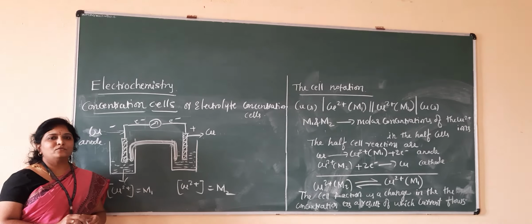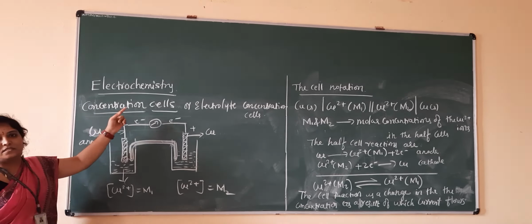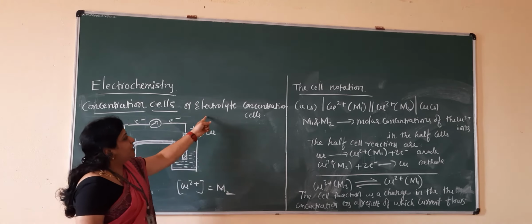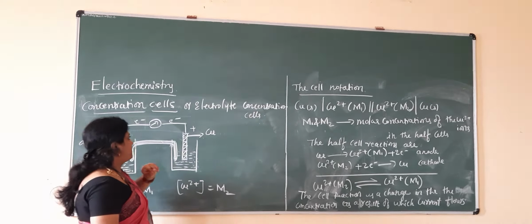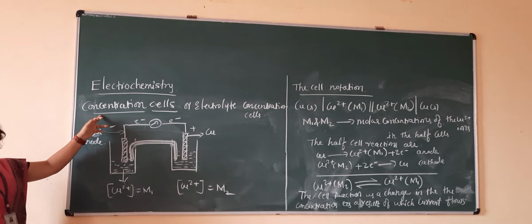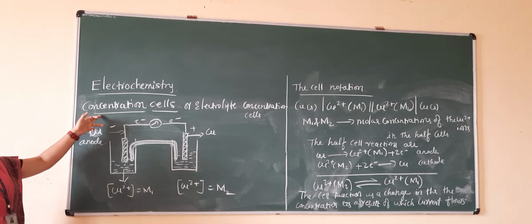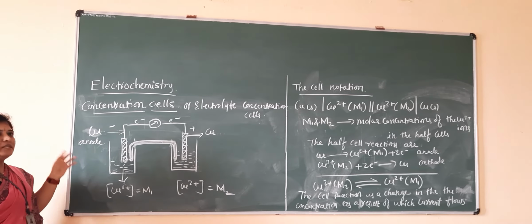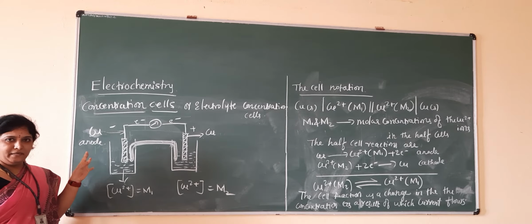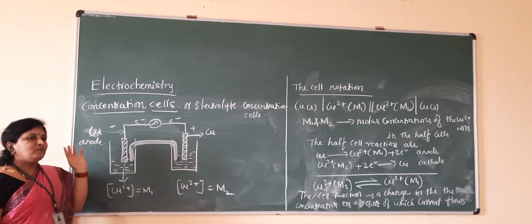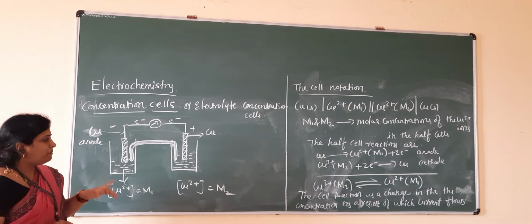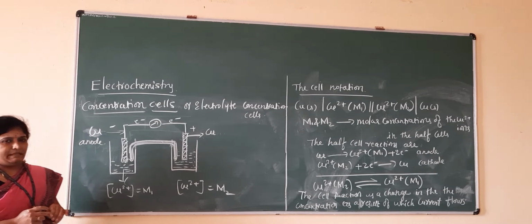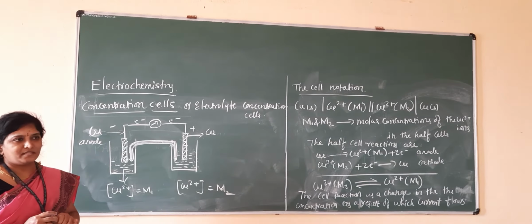Students, next we will also know about what are concentration cells, also called electrolyte concentration cells. A concentration cell is a device which is made up of two electrodes, and both electrodes are made up of the same element and are in contact with the same electrolyte but of different concentration. Such type of cells are called concentration cells.